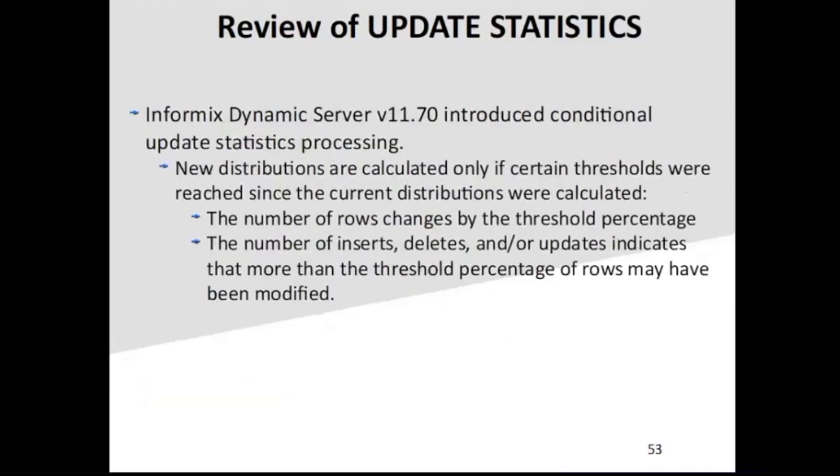Now in 11.7, they improved how the server processes update statistics. New distributions are calculated with the stat change and the auto stats mode. If the tables haven't reached certain thresholds of being modified, nothing happens.